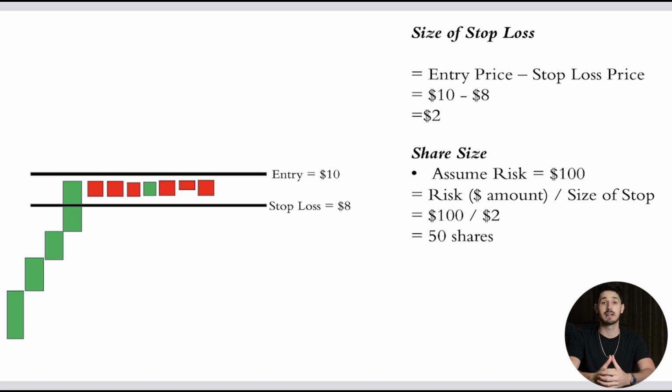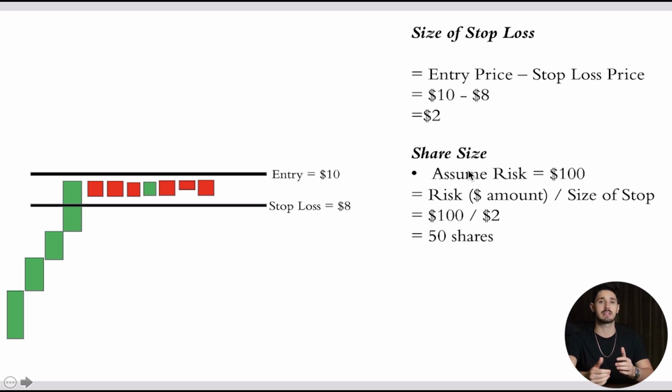So for this example, let's say we have $100 risk, and we're going to be using the share sizing formula, which is risk, the dollar amount, divided by the size of the stop. Remember, we calculated that the size of our stop in this scenario is $2. Our risk in this scenario, let's say, is $100.